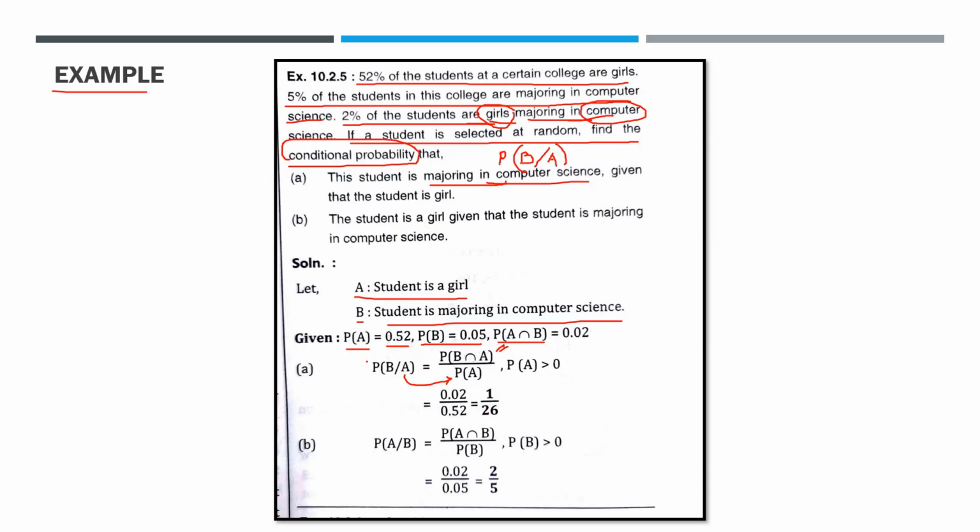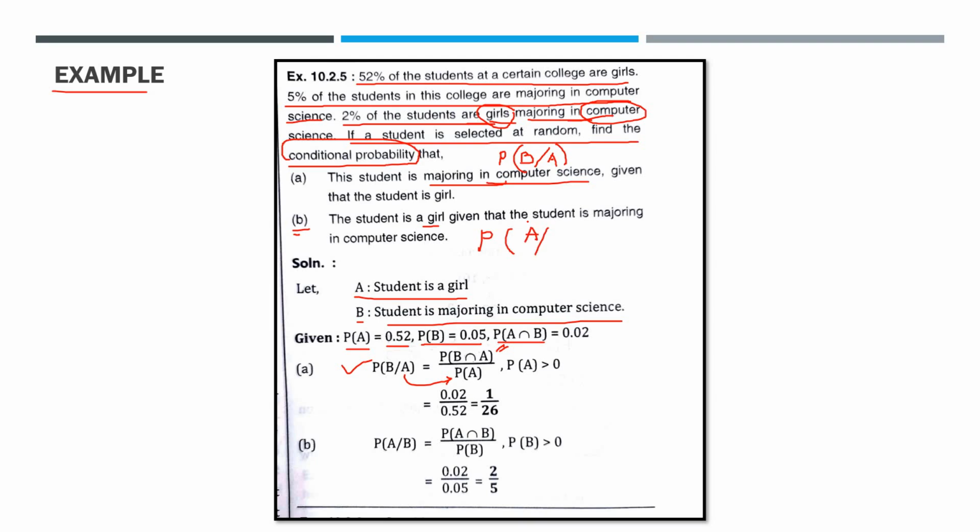Okay, so this is the formula for finding the conditional probability. B given A means P of A and B, or B and A, divided by the probability of A. Now second, the condition is that the student is majoring in computer science, and we want the probability that she is a girl.